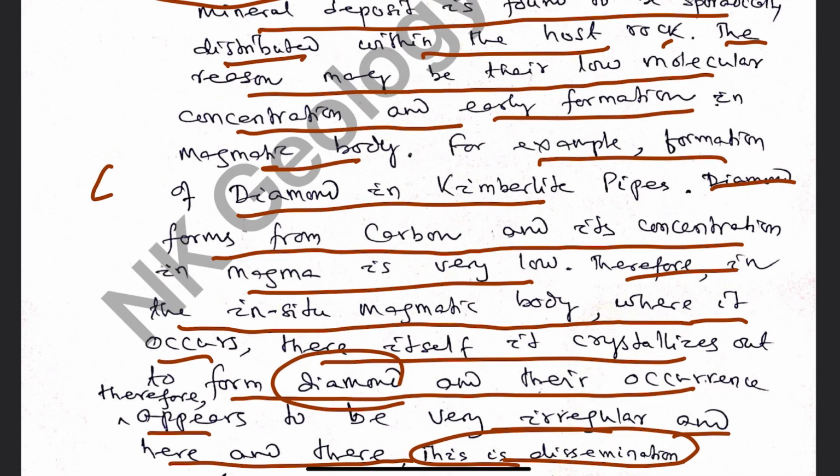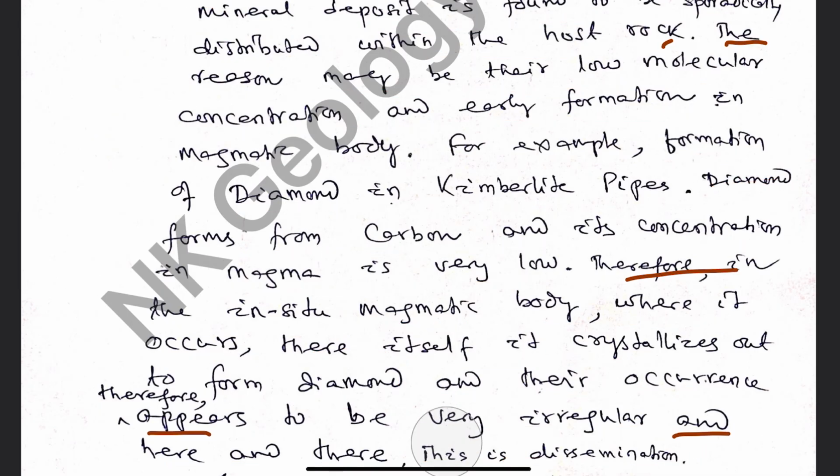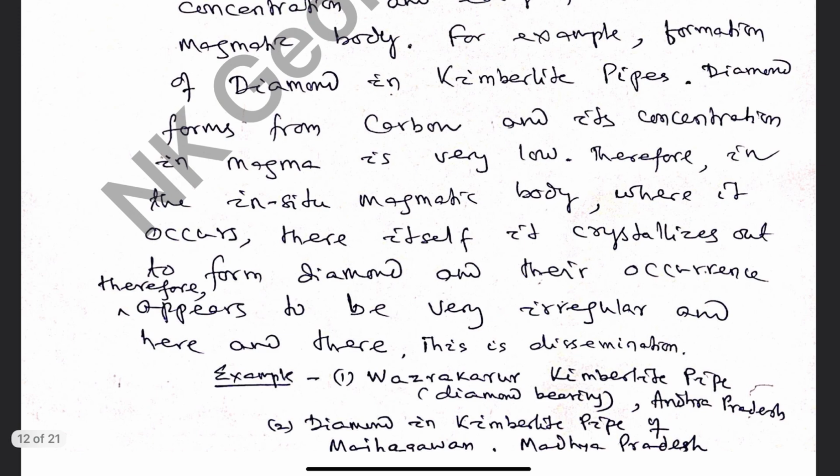So dissemination is related to the concentration of the components in magma and their early formation, and their distribution is erratic because of the low molecular concentration and few centers of crystallization.